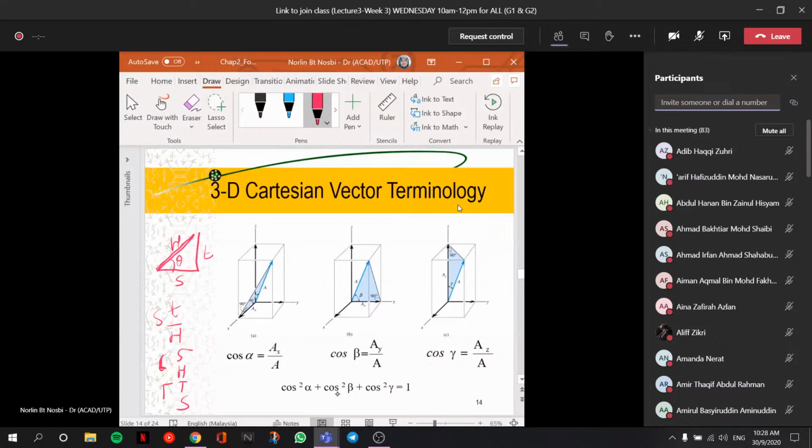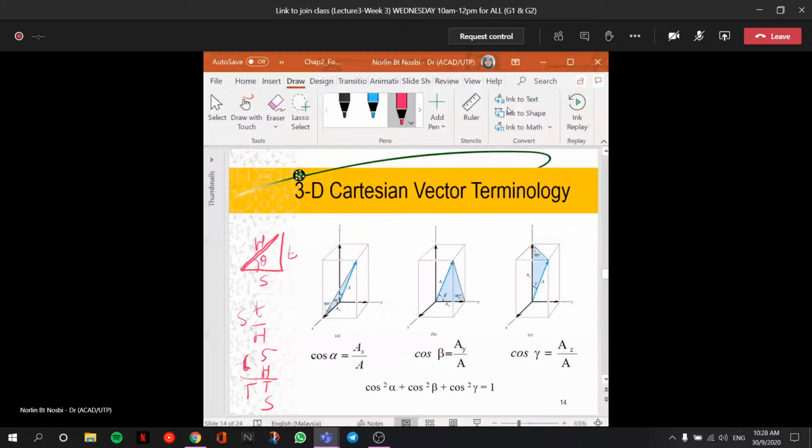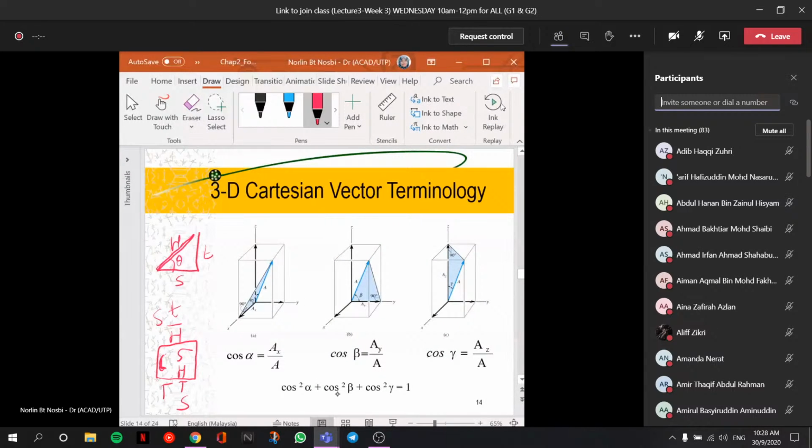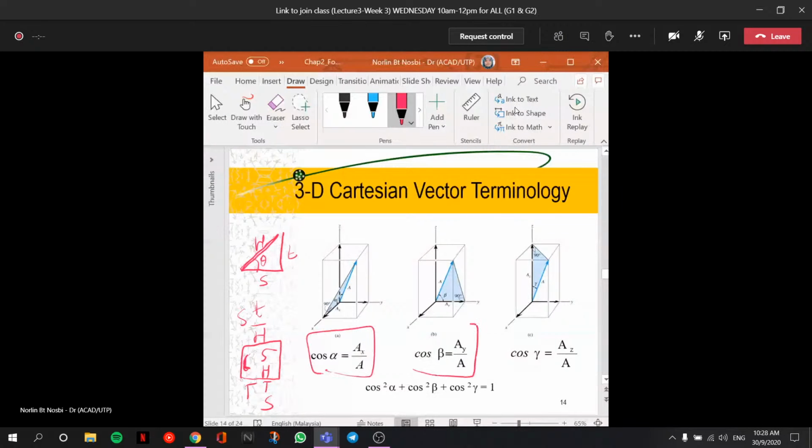That's why you will get the angle alpha. This one is actually trigonometry. For beta, it is Ay over the magnitude A, and for gamma, Az at the z-axis over A. To check whether the angles are correct or not, you can use the next formula. It must be equal to 1.